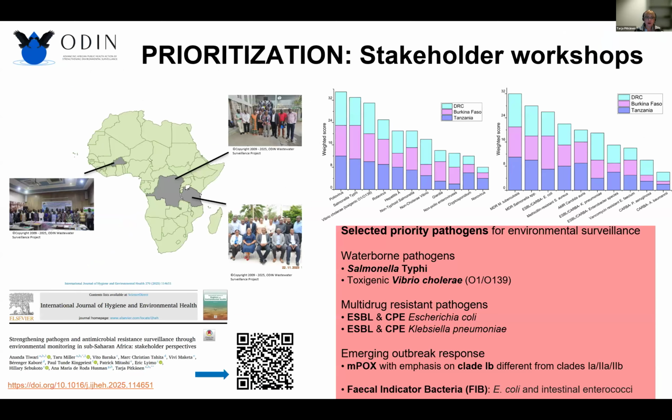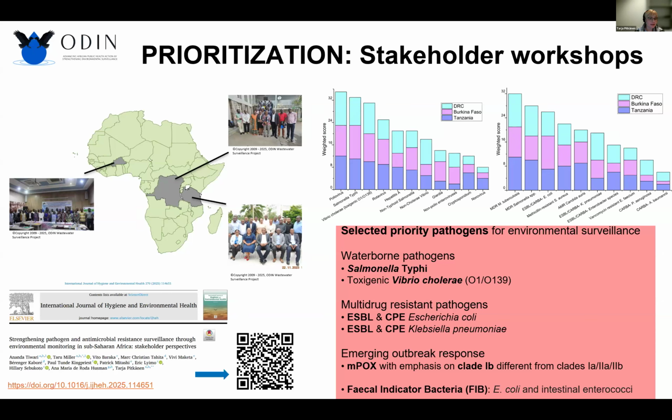How did we end up with our selection of priority pathogens? We decided to organize stakeholder workshops in all of these 3 countries.